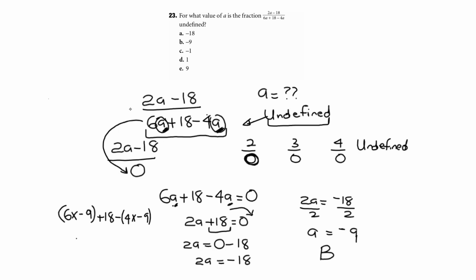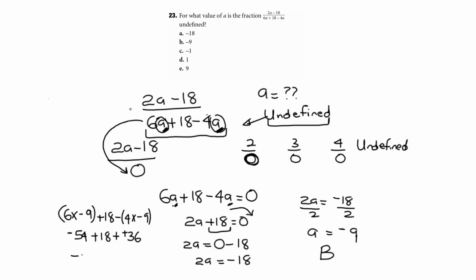What is 6 times negative 9? I think that's 54. It's a negative 54. Plus 18, minus 4 times negative 9 is a negative 36. Negative and negative, they add up.